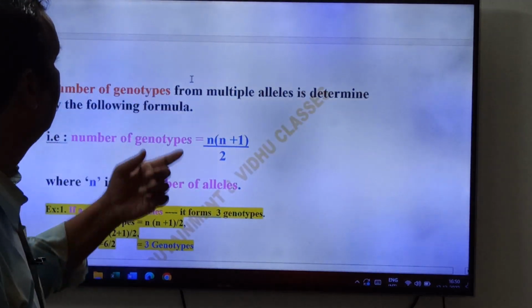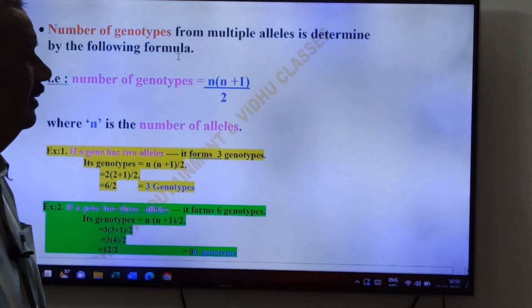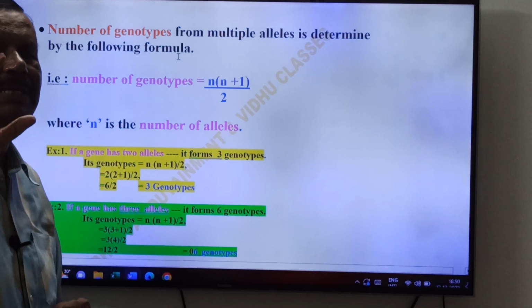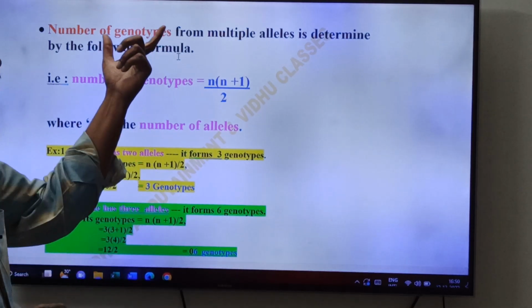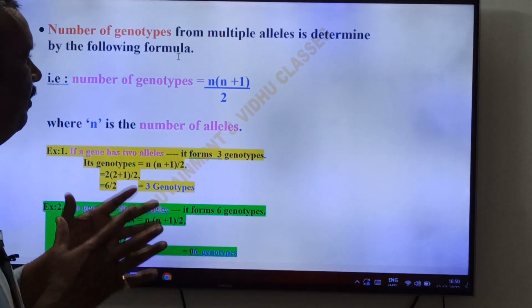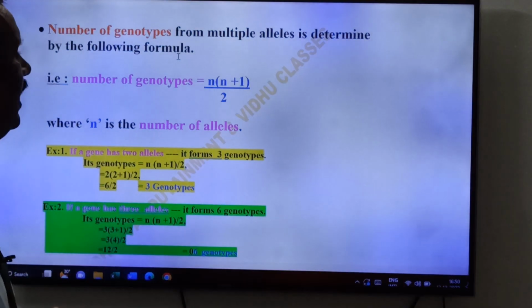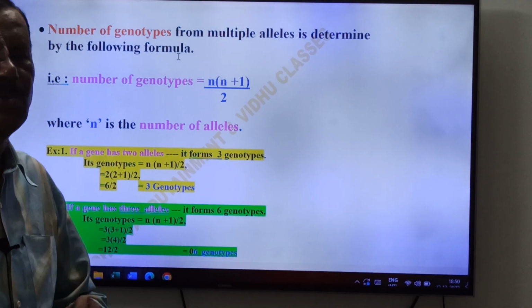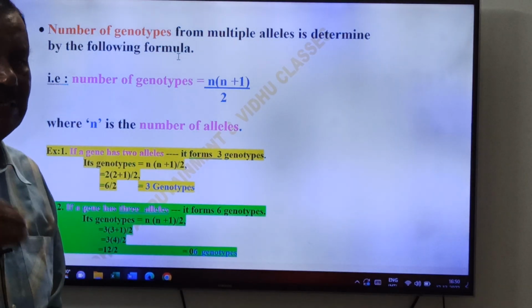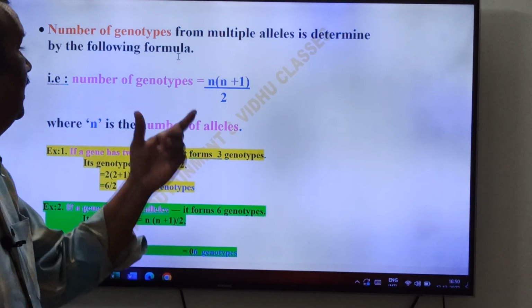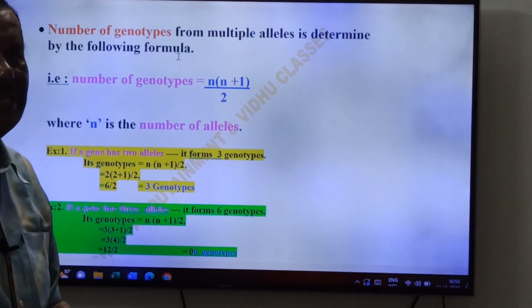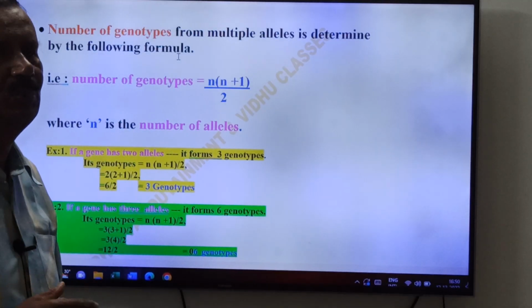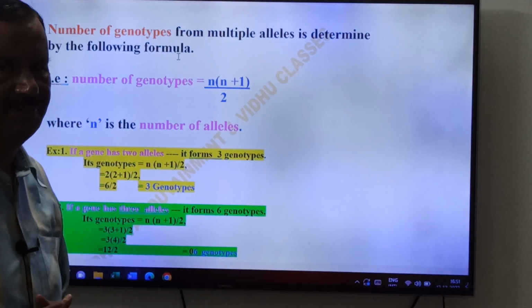Now see friends, how can we calculate the genotypes formed from multiple alleles? The number of genotypes from multiple alleles is determined by the following formula. Friends, multiple alleles ఎన్ని ఉన్నాయి, అవి ఎన్ని జీనోటైప్స్ని ఏర్పరుస్తాయి అన్నదాన్ని మనం ఏ ఫార్ములాతో, ఫ్రెండ్స్? ఈ ఫార్ములా, what is that friends? n(n+1)/2 అనే ఫార్ములా ద్వారా మనం క్యాలిక్యులేట్ చేస్తాం ఫ్రెండ్స్.